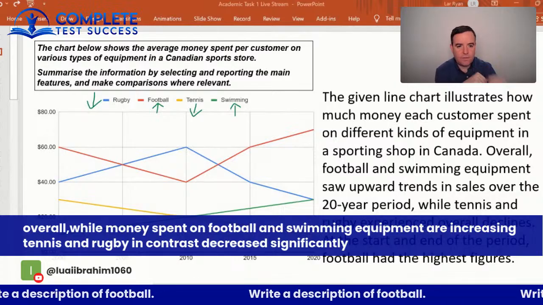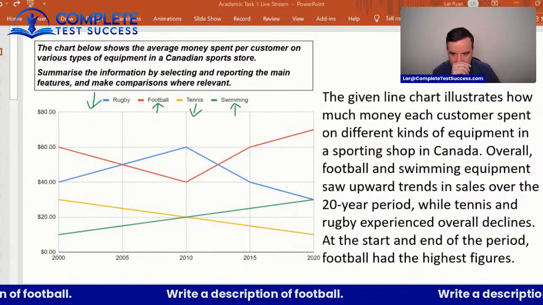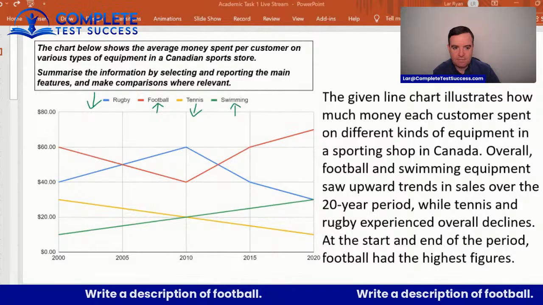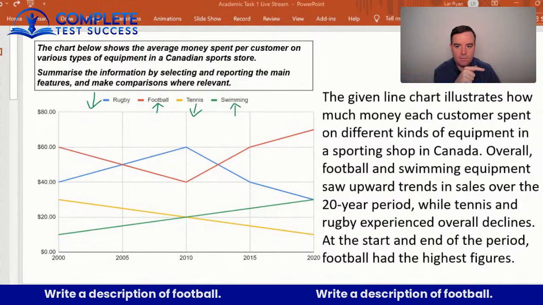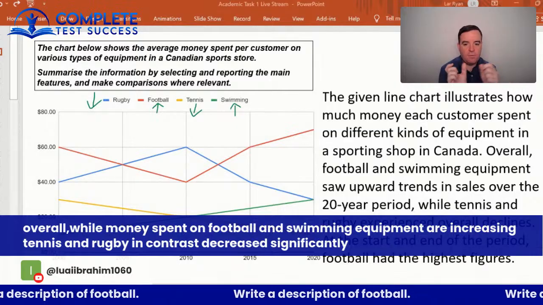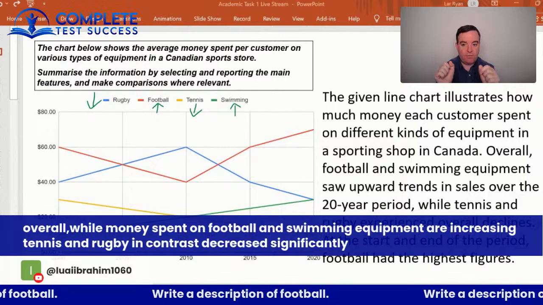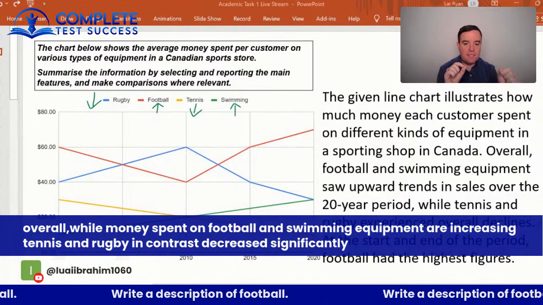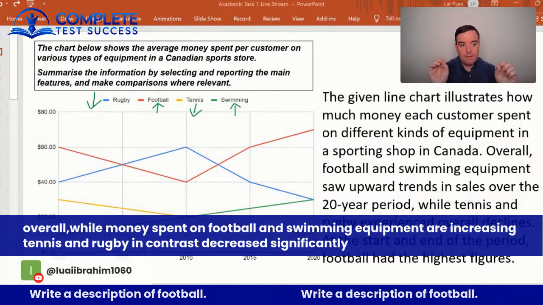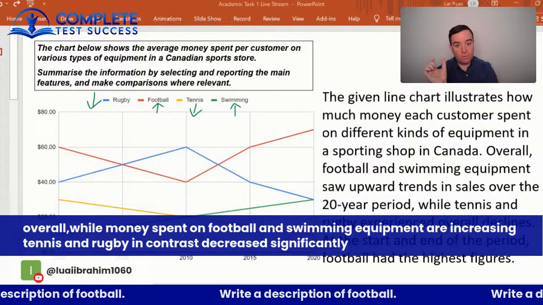I don't think they decreased significantly, so that would be inaccurate. Maybe tennis decreased significantly, but not rugby. So we can't say that they both decreased significantly, you just say they both decreased. Or if you want to separate, you can say tennis decreased and rugby decreased significantly. If you want to add significantly, you have to separate them. You can't say significantly when it applies to both of them if it only applies to one.